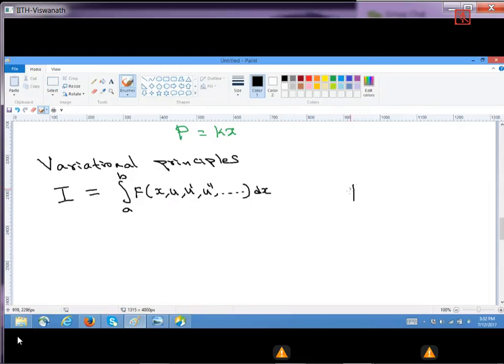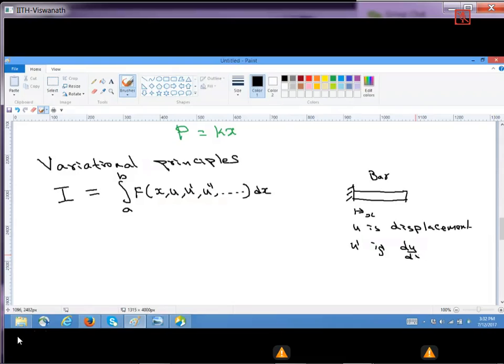So for example, if I take a bar example, x is my position, u is my displacement, and u dash is du by dx, the gradient of it.